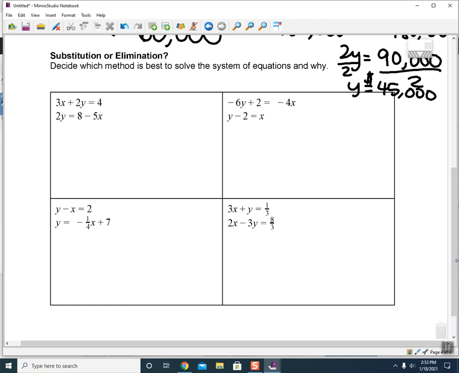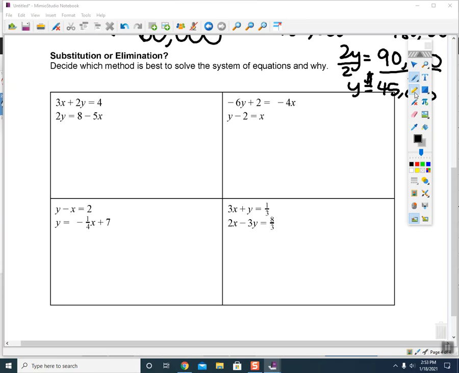If I want to use elimination, what I'm really looking for is either the same variable that has the same coefficient, that is ideal, or a variable that can easily be manipulated to be the same. As I'm looking at this, I'm noticing that I have a 2y here and a 2y here. So I would say that this is best to use elimination, and here's why.